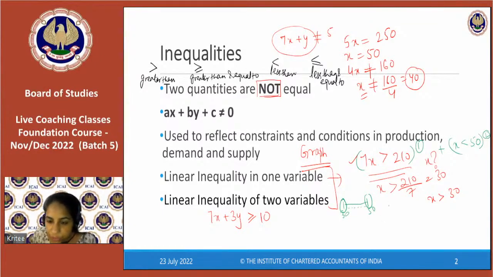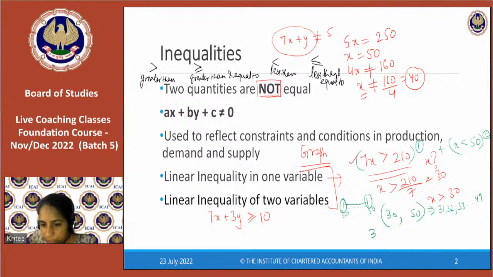So when I don't want to include the end values, I use open brackets. This open bracket means, if I talk about integers only, my answer is ranging from 31, 32, 33 till 49, but it will not include 30 and 50.